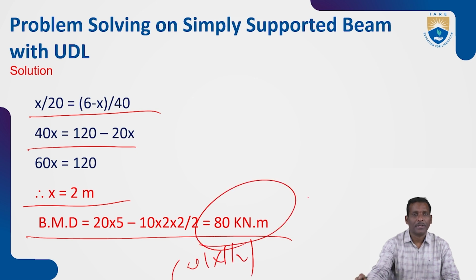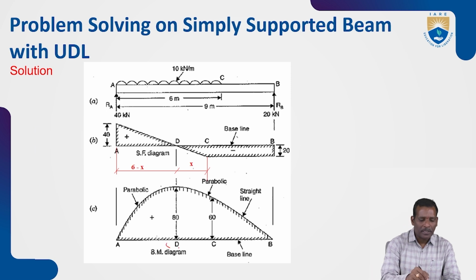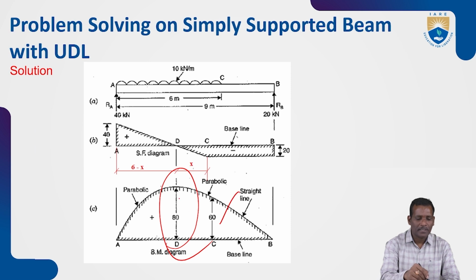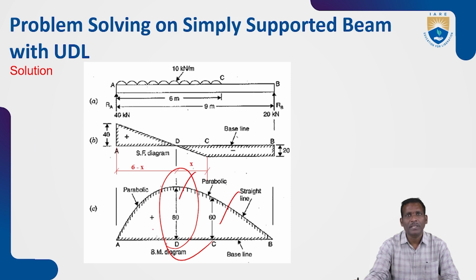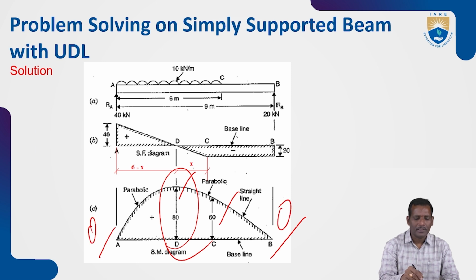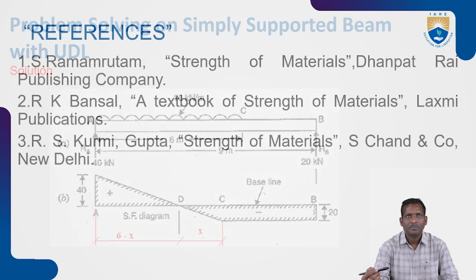So we will get 80 kilonewton meter. That is shown in this diagram: 80. At C it is 60, and at D is the maximum bending moment, 80. At B it is 0 and at A it is 0. This is clearly shown in the diagram.